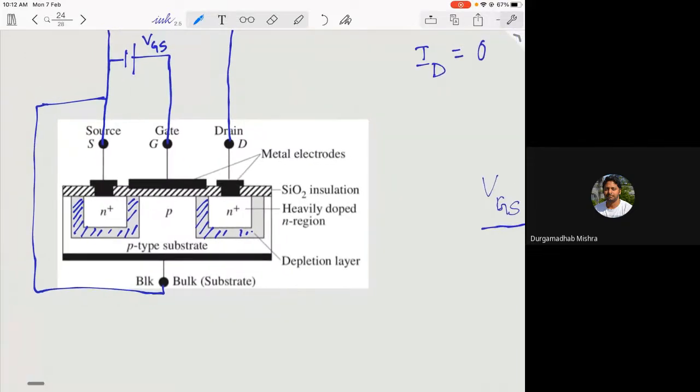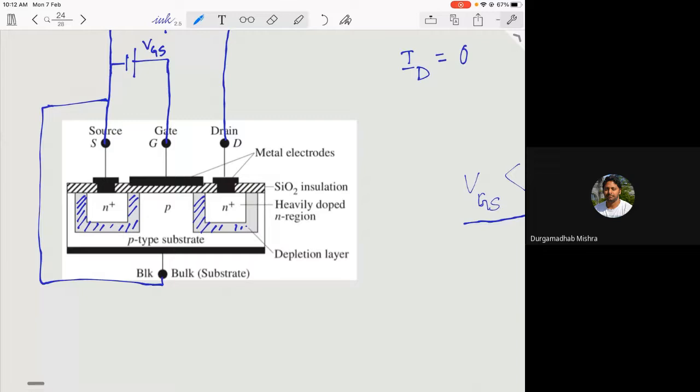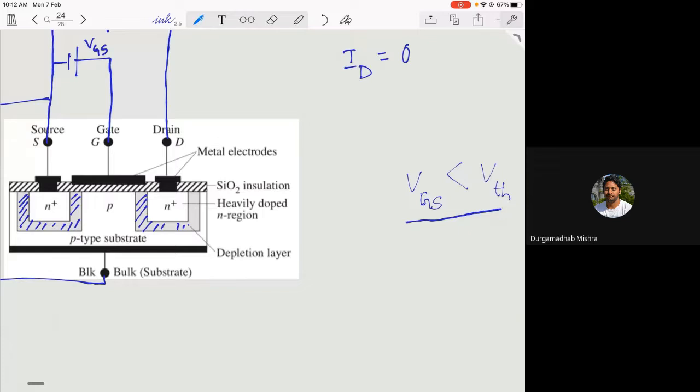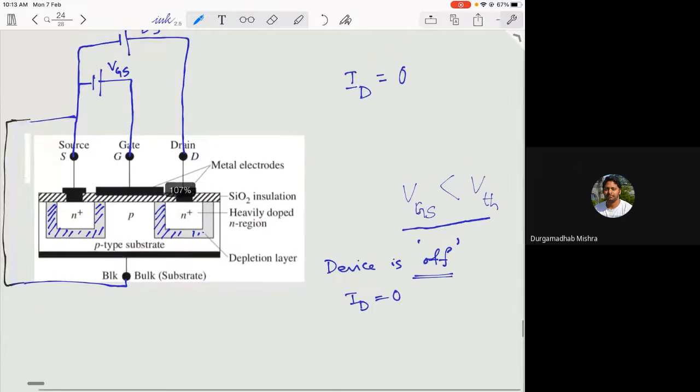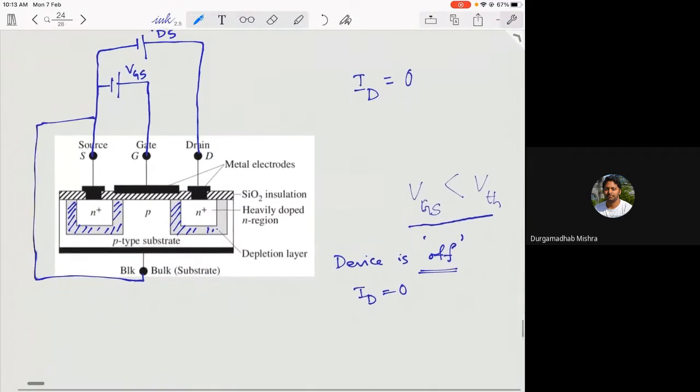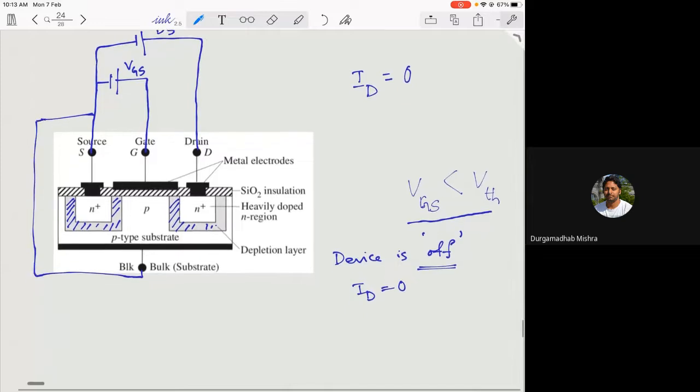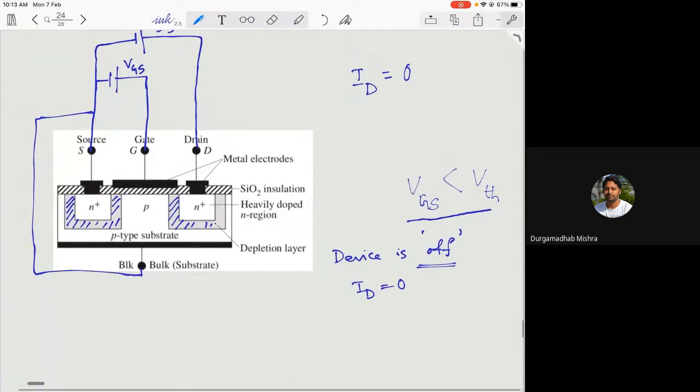And this happens when you fabricate the device. Now, if you are applying a small voltage across the source to gate, let's say, less than your threshold voltage, the current ID will always be equal to 0. So you say the device is off. This is your off state. Okay, so ID is equal to 0. You can increase the VDS, but still the source to drain current will be 0.